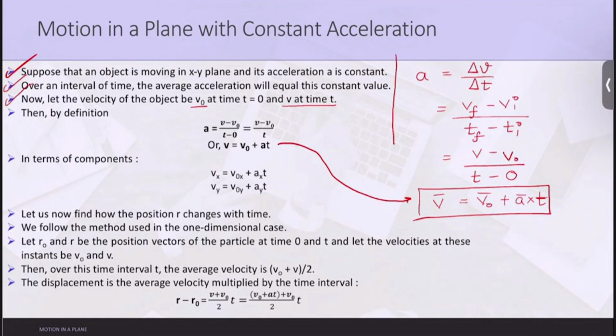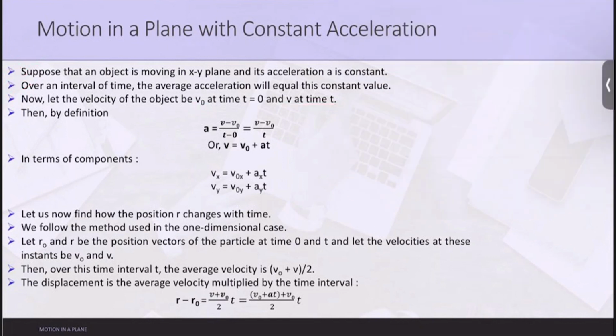Now, as we know, the complete vector expression can be resolved into its components. So if we resolve it into components, as it is a simple addition, we can directly add the vector components of these two and find the result.